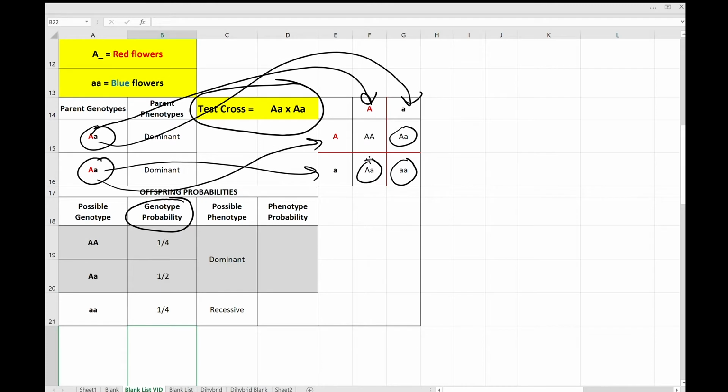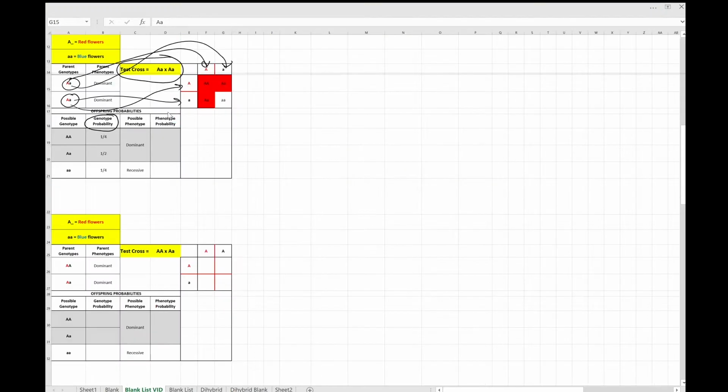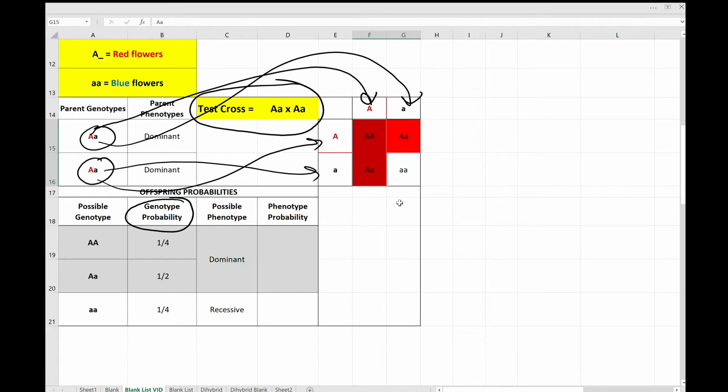Well, we come over here, get rid of that, and we see to be red you have to have at least a dominant A allele. Red. There we go. So use the rule of addition. That's 1/4 plus 1/2 gives you 3/4.